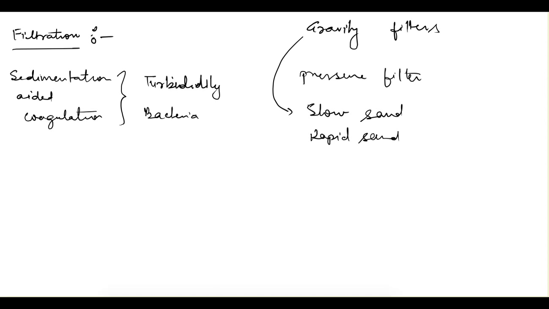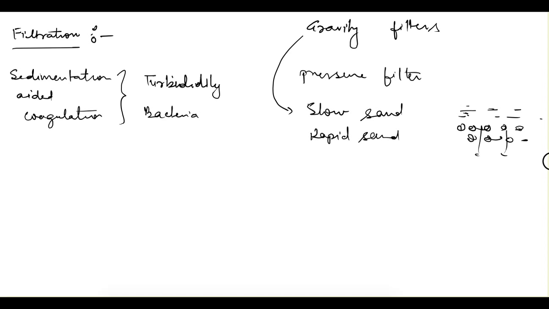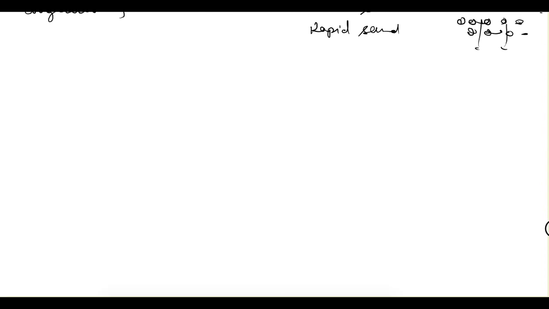In these filters, if this is our filter bed, then water will be kept on this filter bed and it will simply get filtered due to the action of gravity, or due to its own weight. We are not applying any additional pressure, whereas in pressure filters we apply some additional pressure. We will see these filters one by one, starting with the gravity filters.